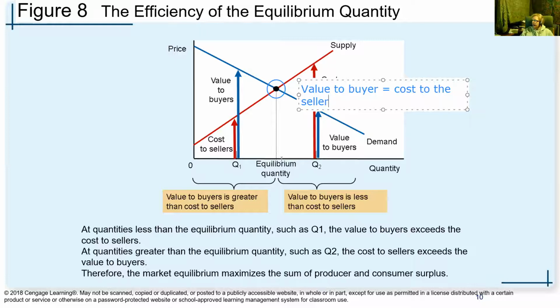At any other point on this graph, in this case, we have the cost to the sellers less than the value to the buyers. Over here, we have the value to the buyers less than the cost to the sellers. Only at equilibrium is the value to the buyer equal to the cost to the seller.